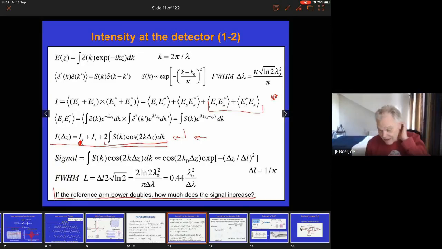Okay, so now an interesting question. So we know that the reference arm light goes to the reference arm and the sample light goes to the sample. And the signal is formed by the interference between the sample and the reference arm. So if I look at my detector and I double my reference arm power, apparently this interference term becomes bigger.